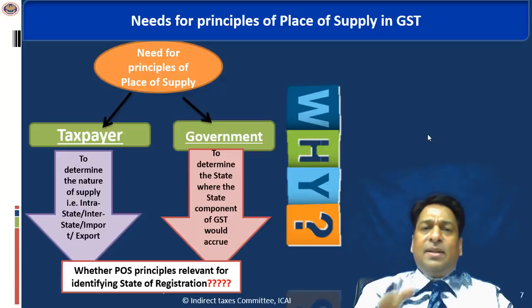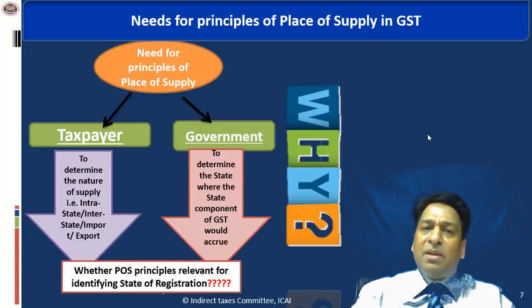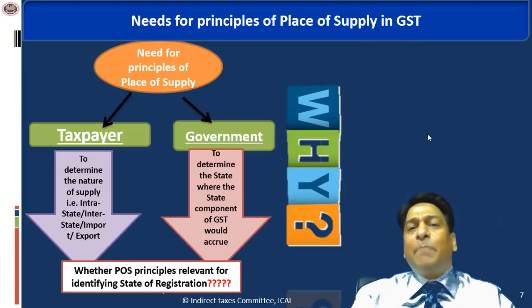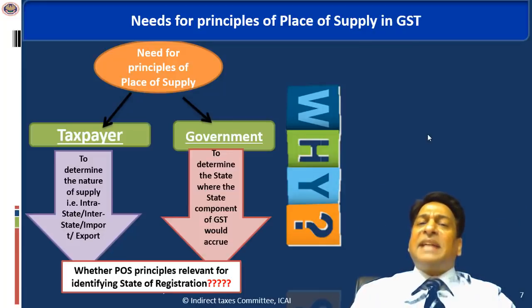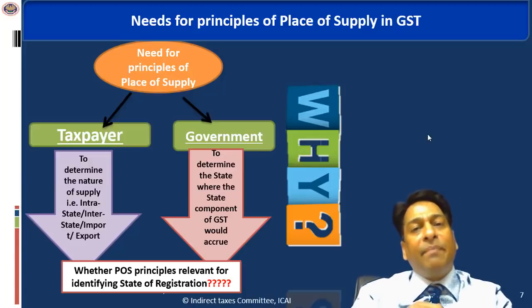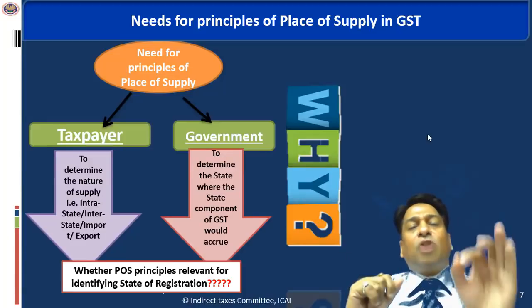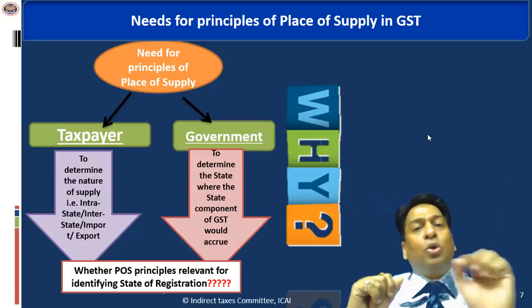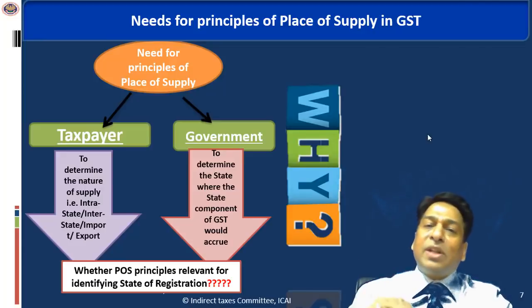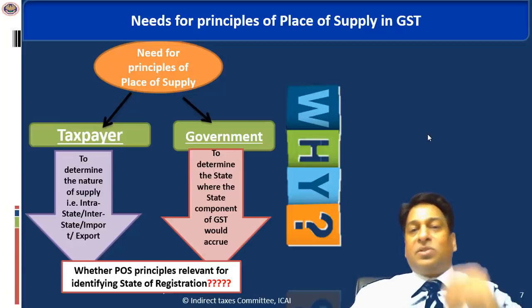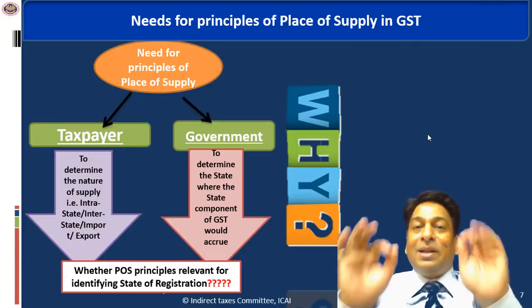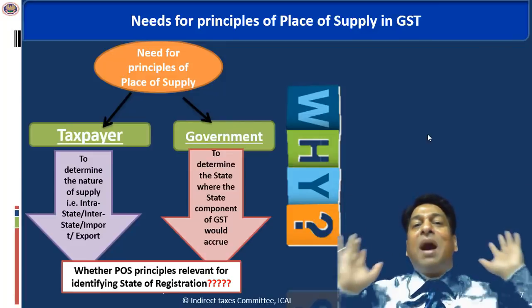There are two persons: one is the tax department, another is the taxpayer. For the taxpayer, why is this topic important? Place of supply is important to determine whether a transaction is intrastate or interstate, so that the correct GST is discharged.